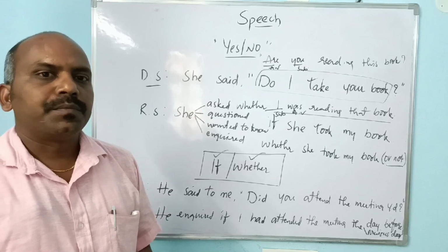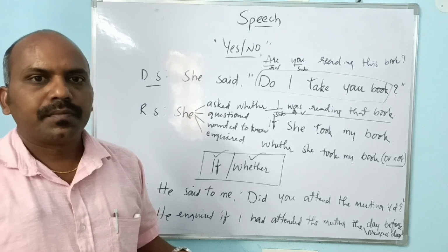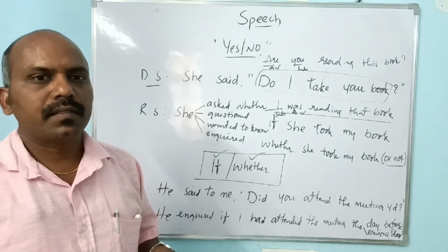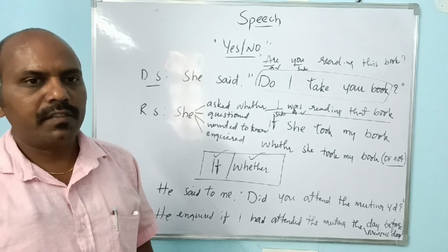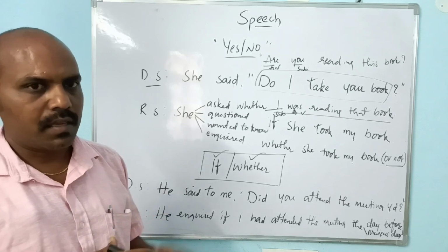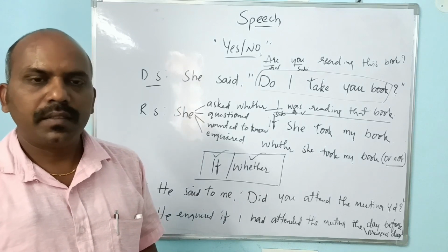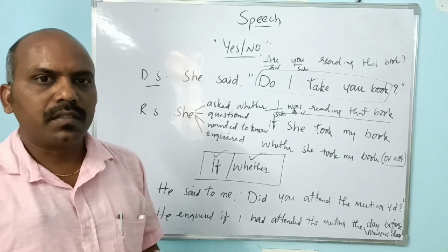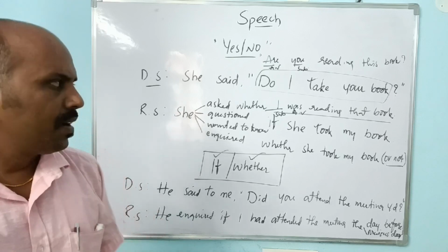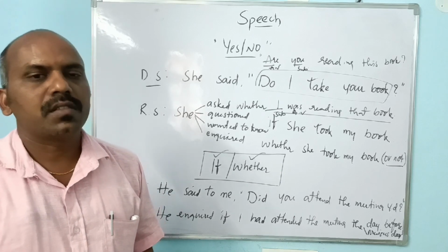I'll try to take examples of all the remaining tenses in one more video for practice, with all the tenses of yes or no questions and their answers, and you may compare your answers with mine to check whether you have written them right or wrong. This is reported speech on yes or no questions.